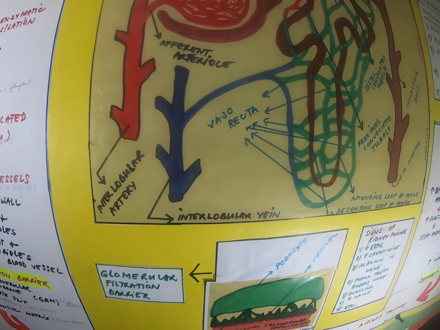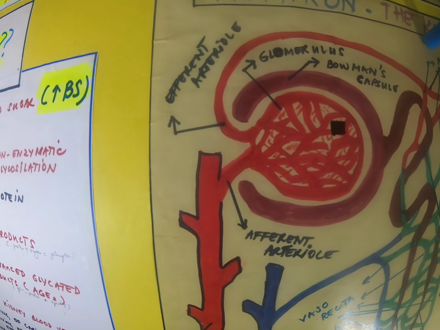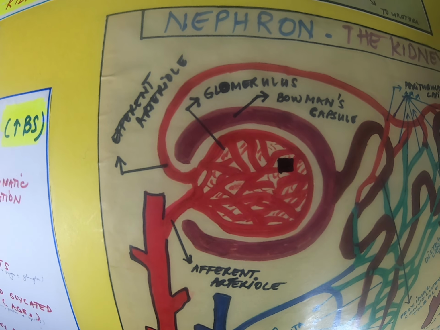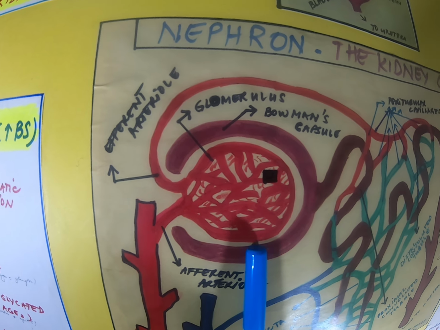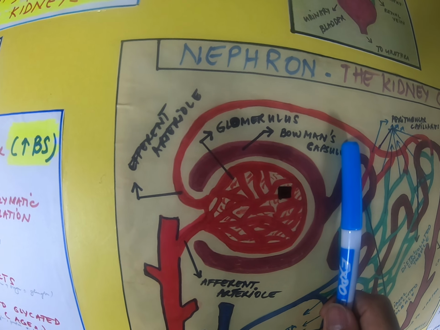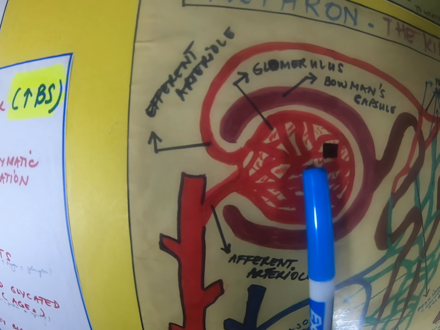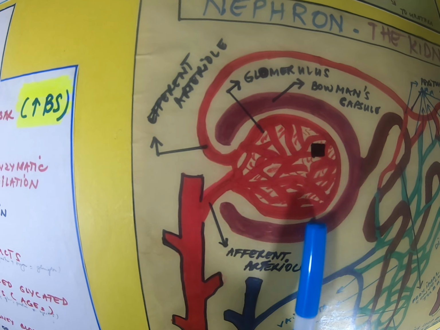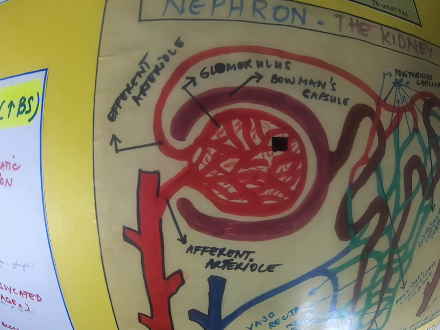So to make a good filter work, we have a dilated afferent arteriole and a constricted efferent arteriole to make up a good hydrostatic pressure to overcome the hydrostatic pressure of the Bowman's space.